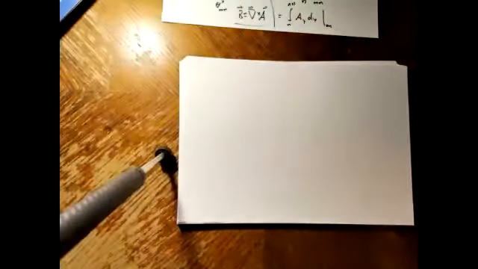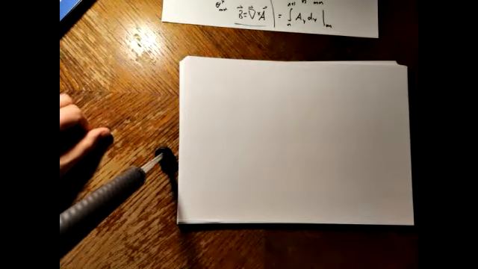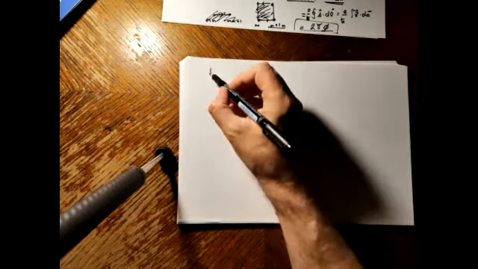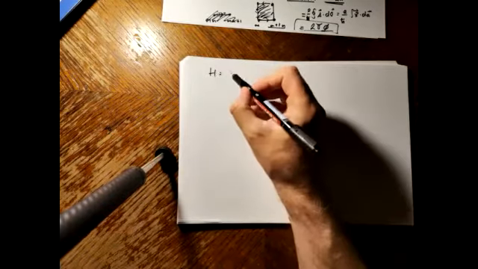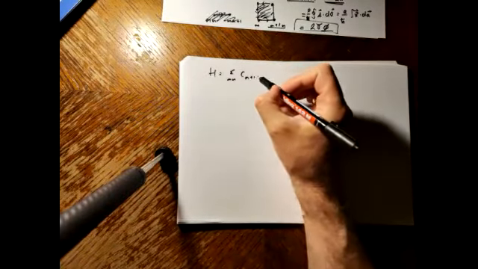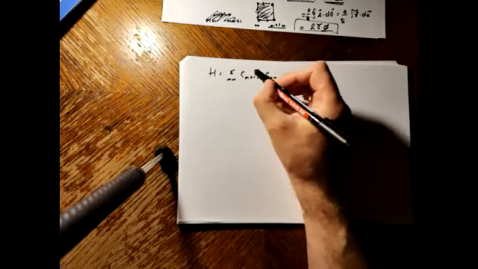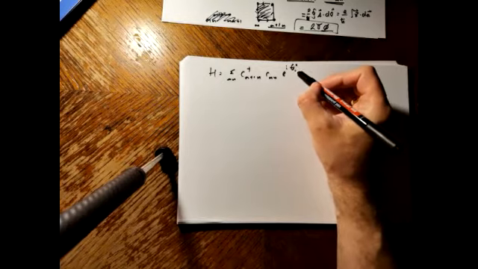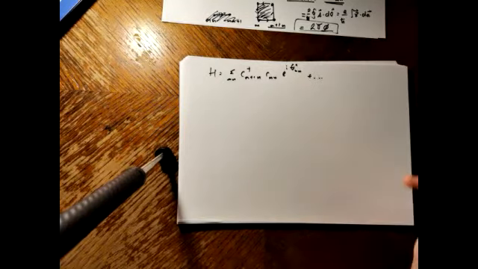Now, before going further, a couple of things. First of all, our Hamiltonian is in some form like this: c dagger m plus 1 n, c mn, and e to the i theta x mn, plus other terms.